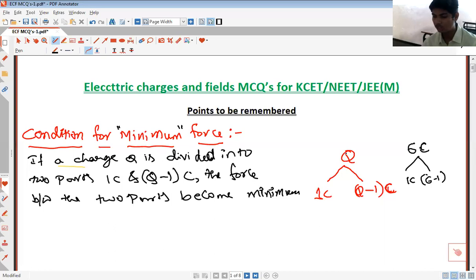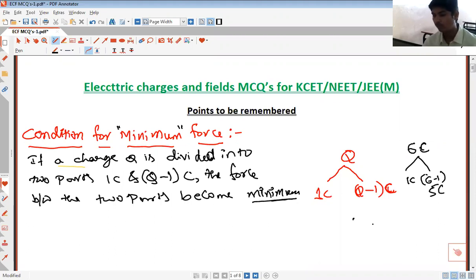If a charge Q is divided as 1 coulomb and q minus 1 coulomb, the force between them becomes minimum. So for 6 coulomb, it is 1 coulomb and 6 minus 1, which is 5 coulomb.